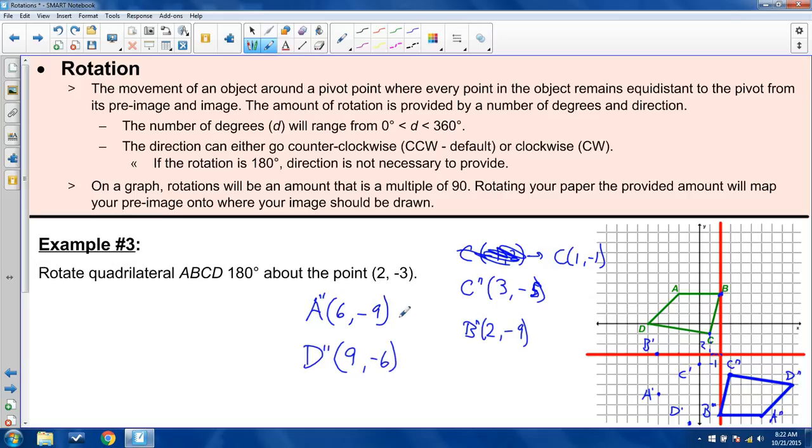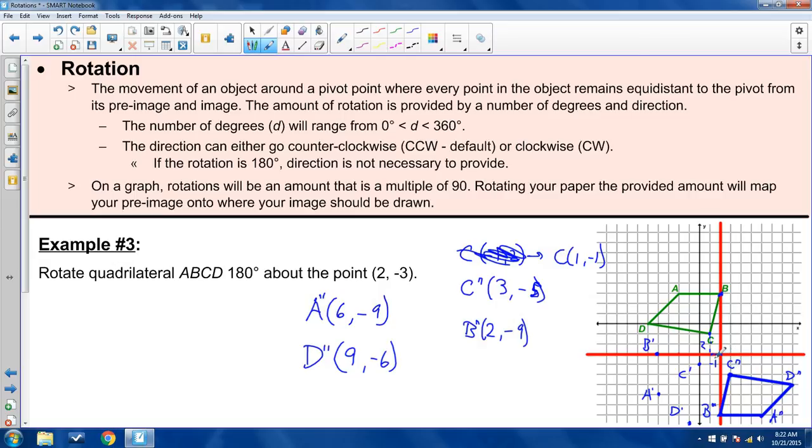I think I did that right. Anyway, you can draw new axes. Draw them plenty dark, because if you already have axes on your paper, you really want to not focus on them. You can take your pencil and literally plot it there, and you can spin your paper around. Think about 180 degrees and how far away C was in relation to this new origin. 1 away, 2 up, and now it'll be 1 away that way and 2 down in the end when you find it, and that's where you'll plot the point.